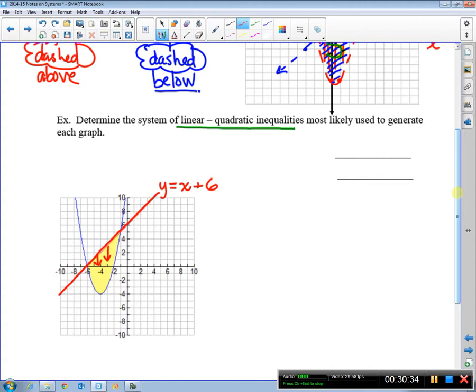And it's solid. So the line would be y is less than or equal to x plus 6. So let's try and figure out the parabola now. The parabola is definitely shading above, so our y is greater than or equal to.